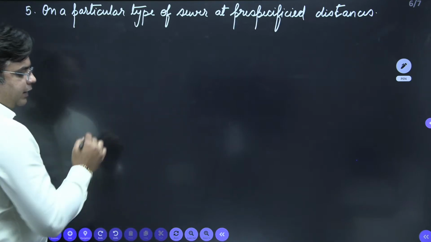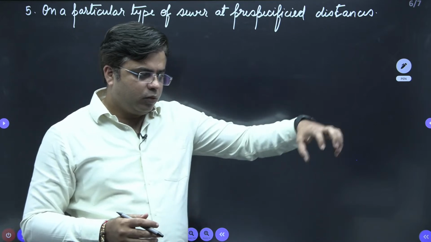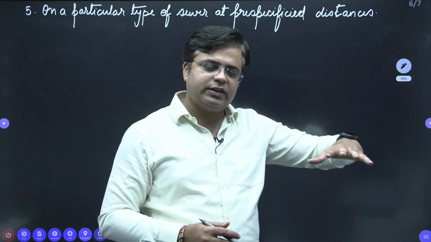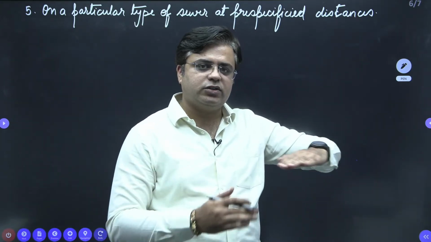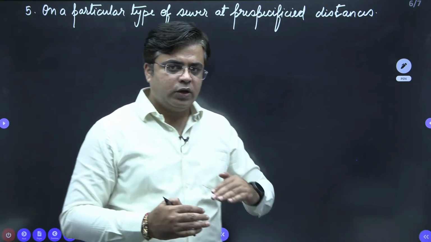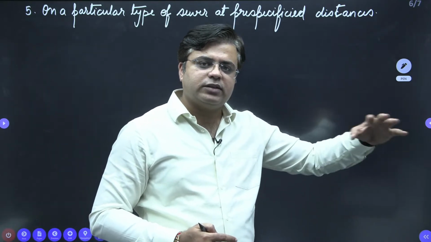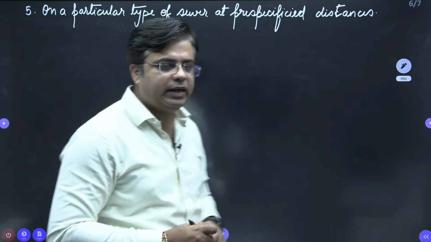So you might have seen while traveling on any road, you see these holes made. It is covered with these shields or top covers, right? These cast iron covers you see. So in a particular type of sewer, at some pre-specified distances, you need to provide these manholes for maintenance work.